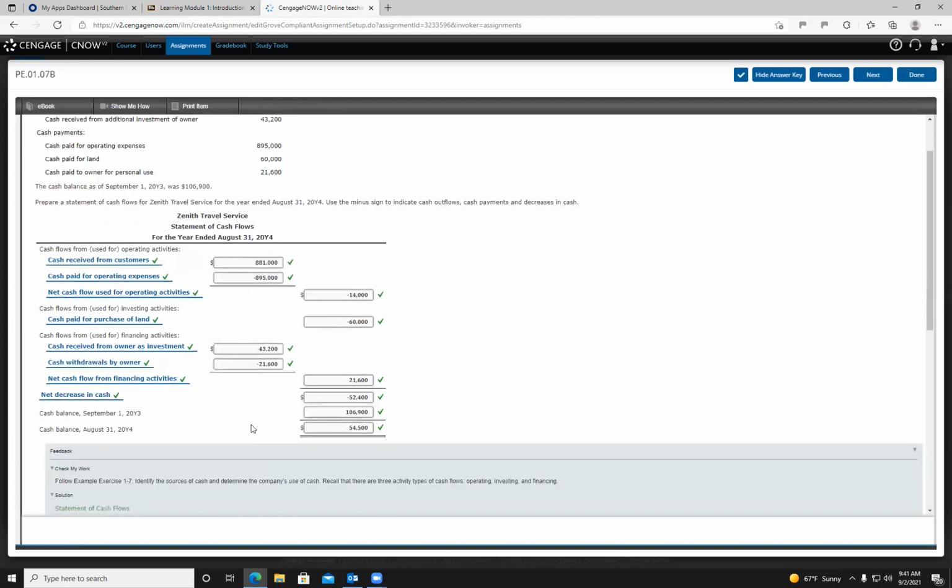To determine our new cash balance for the year ending in 2004, we take our cash balance from the previous year, which was 106,900. They gave it to us right here in the problem. We'd either add or subtract the net change in cash. Here it is a net decrease, so we subtract out 52,400. Our new cash balance ending August 31st, 2004 was 54,500.